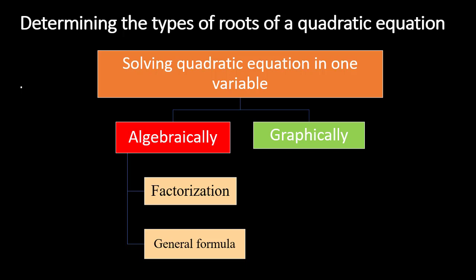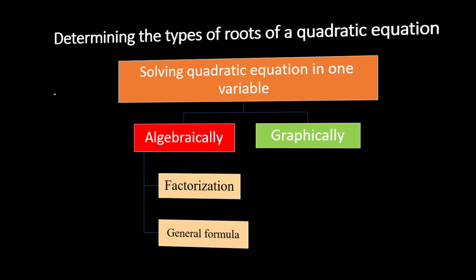We studied before how to solve the quadratic equation in one variable. Algebraically, we can solve it using factorization or the general formula, and also we studied how to solve it graphically by drawing the curve.